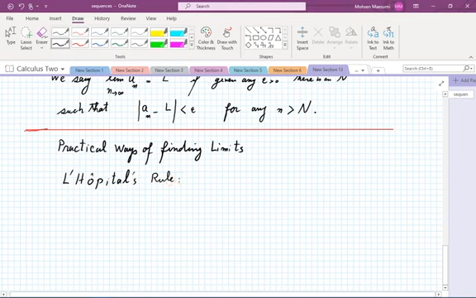Let's explain that in the context of an example. Suppose I have a sequence, and that is, say, n squared plus n plus 1, over exponential of n plus 1. Again, the question is, what's the limit of this as n goes to infinity?